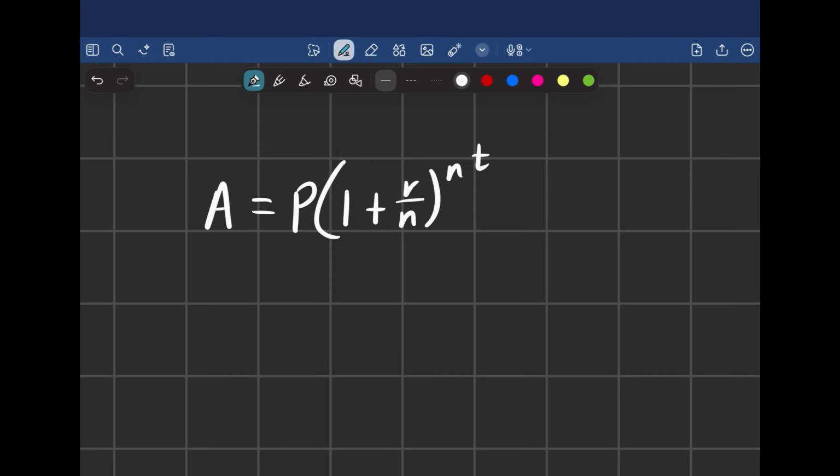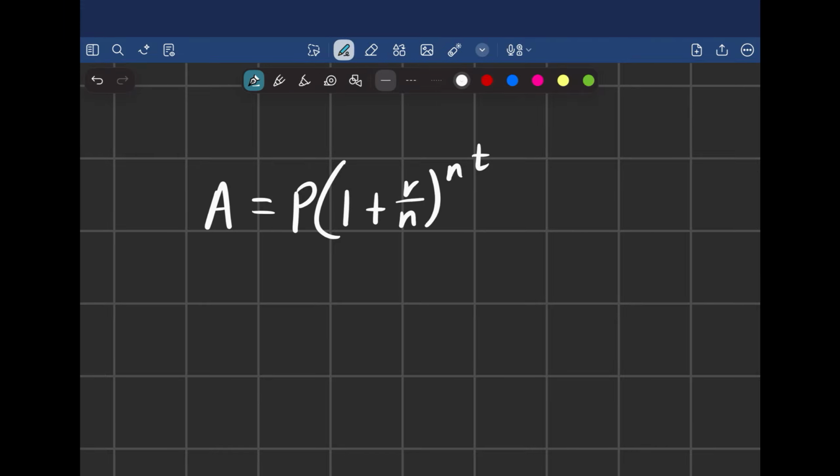And then we have N as the number of times we want to compound. So let's say we compound quarterly, so we'll say 4 times in a year. If we want to do monthly, that's 12 times in a year, etc.